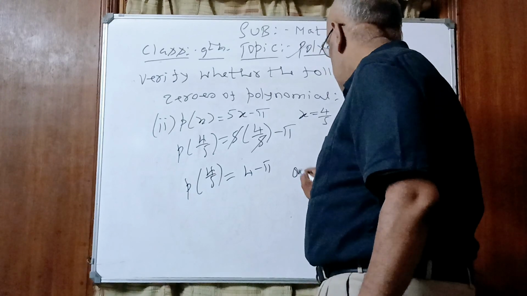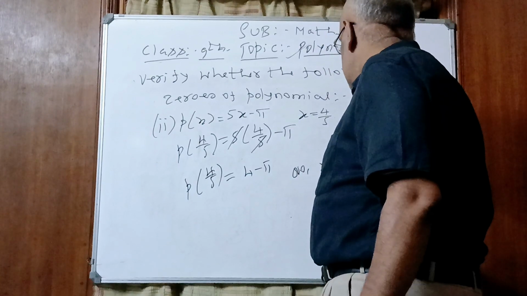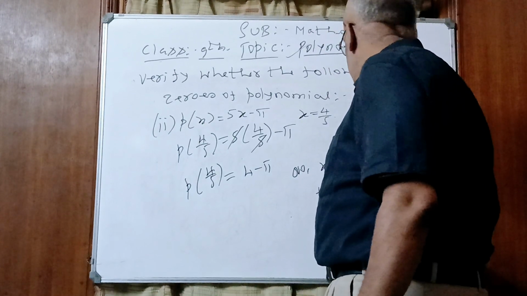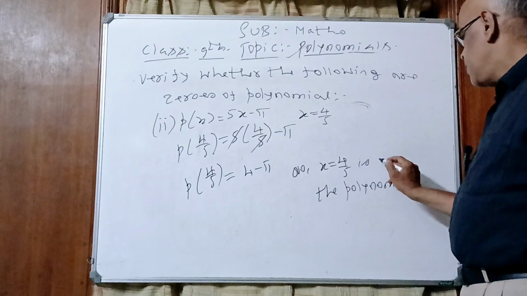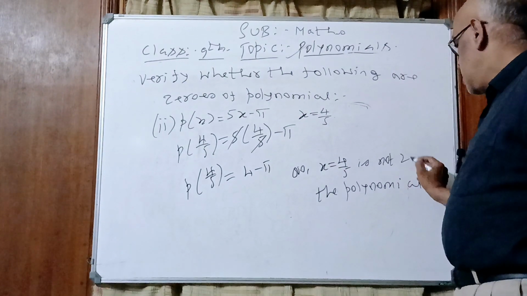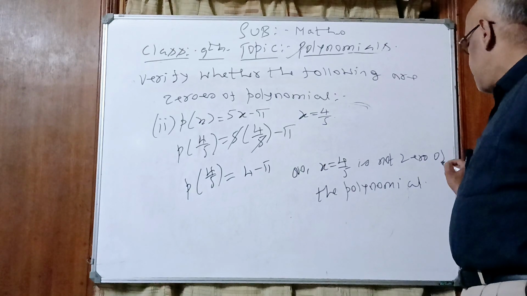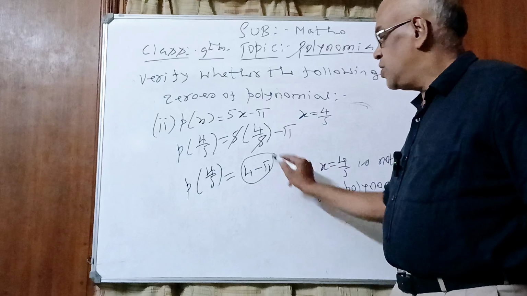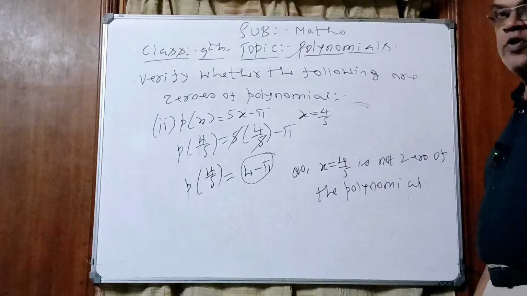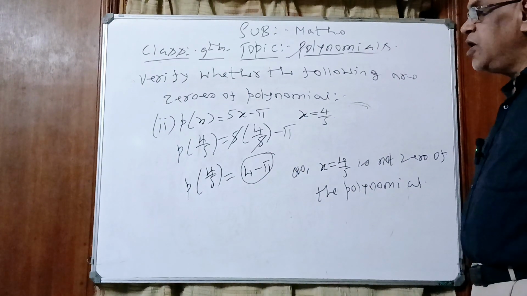Now, x is equal to 4 by 5 is not 0 of the polynomial. Because why? The answer is not 0. What is the answer? The answer is 4 minus 5, children. Yes or no?